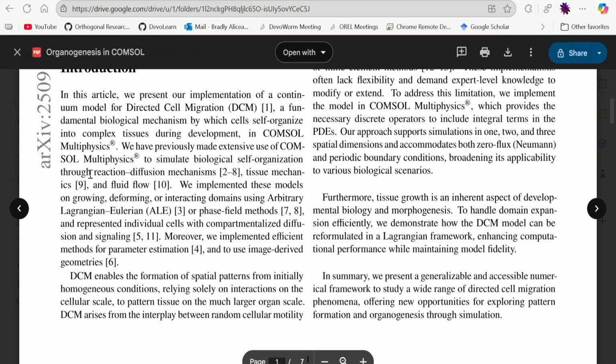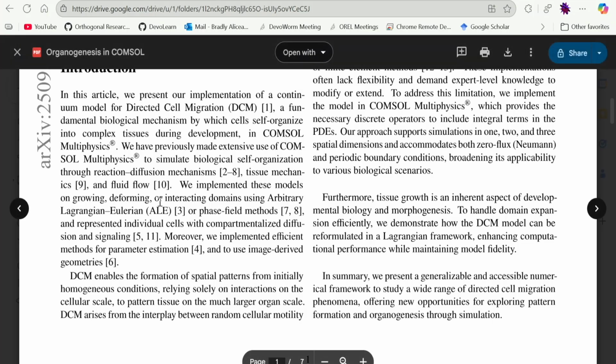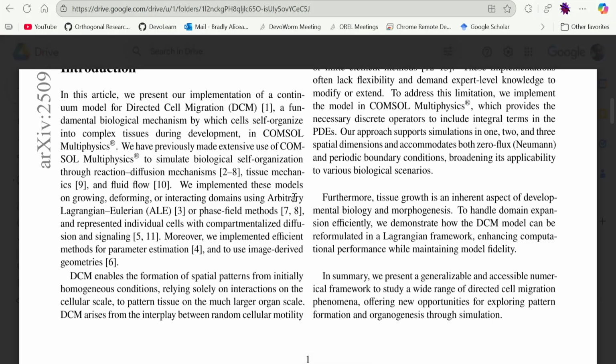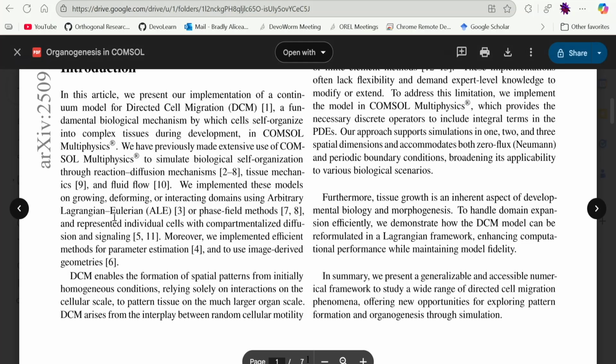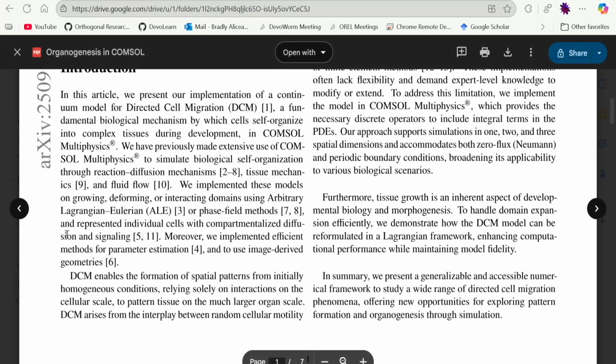They've been able to simulate reaction diffusion mechanisms, tissue mechanics, and fluid flows. So 9 and 10 are tissue mechanics and fluid flow. We implemented these models on growing, deforming, or interacting domains using arbitrary Lagrangian Eulerian, which is ALE, or phase field methods, and represented individual cells with compartmentalized diffusion and signaling.